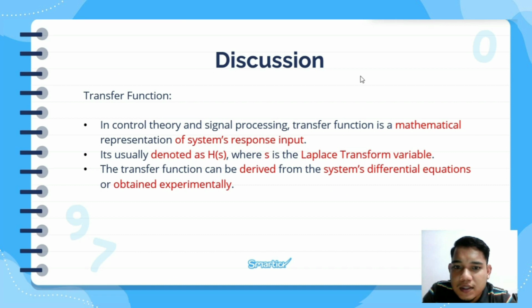First, in control theory and signal processing, a transfer function is a mathematical representation of a system's response to input. It is usually denoted as H(s), where s is the Laplace transform variable. The transfer function can be derived from the system's differential equation or obtained experimentally.